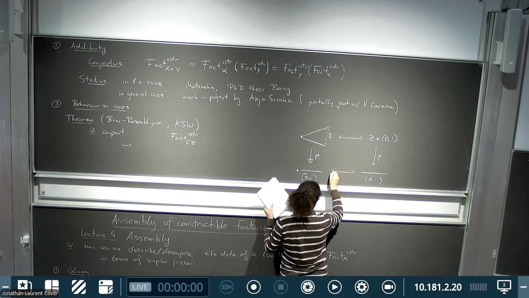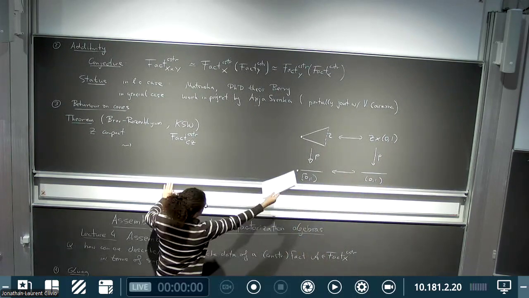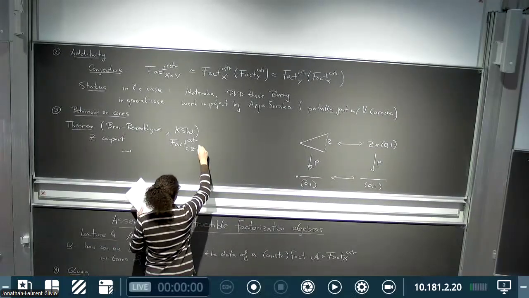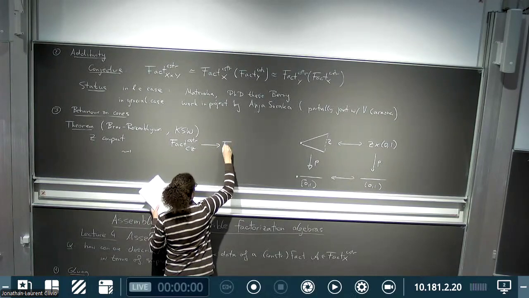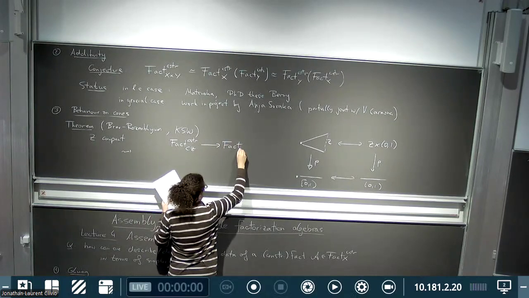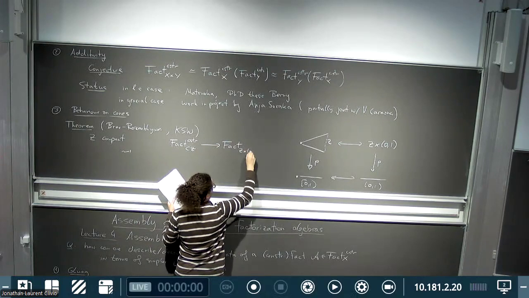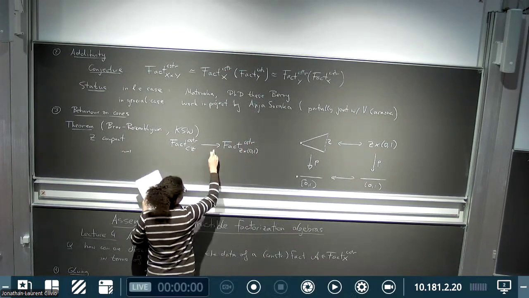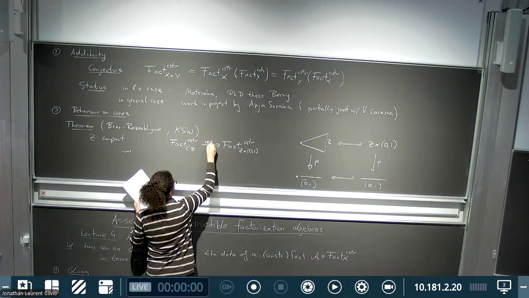And this includes into here. This square, by taking push forwards and restrictions, will give rise to a square that looks like this. You will have a factorization algebra on this product. This is given by restriction.